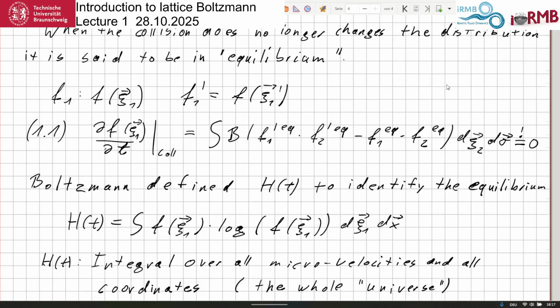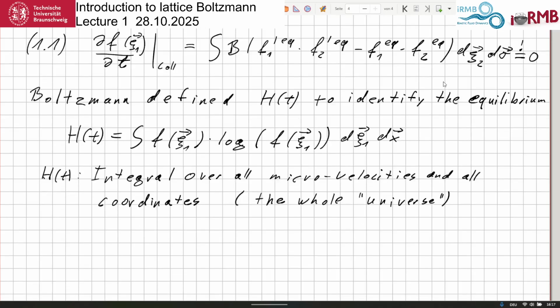Now what we are going to do is look at a time derivative of this thing. How does this change in time? So we take the time derivative of this, and we put the time derivative inside the integral, and probably this is how Boltzmann came up with this equation, but we don't know and we don't care.